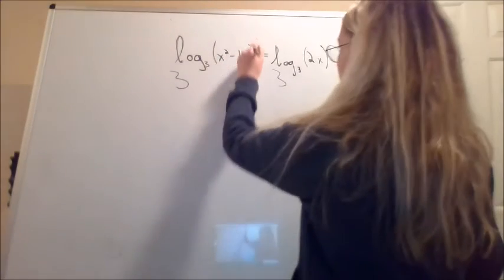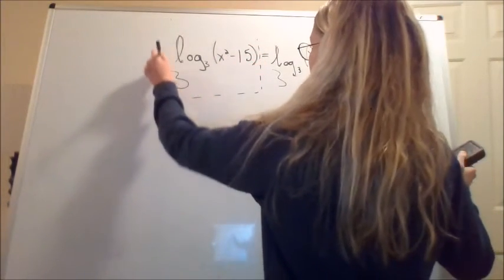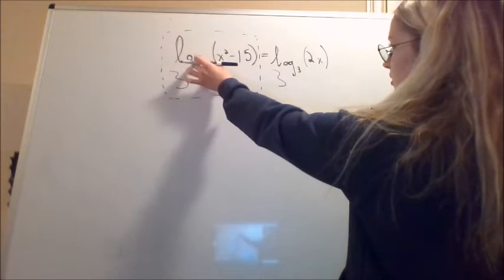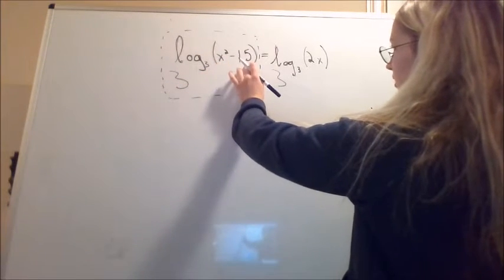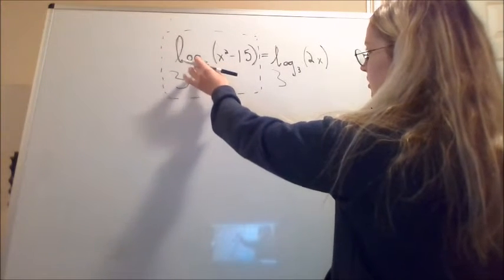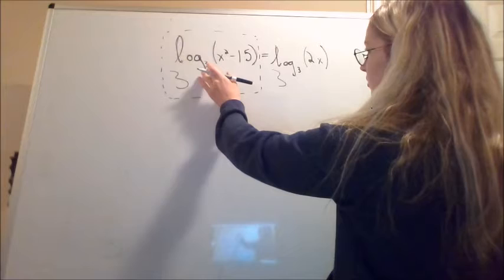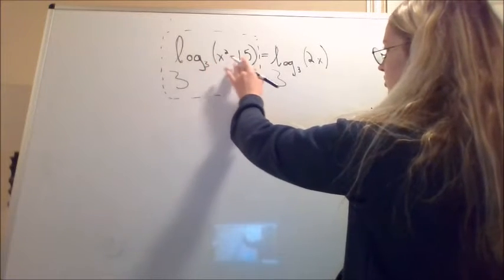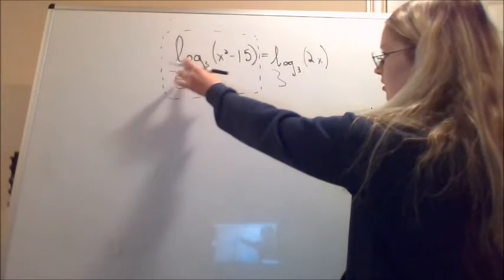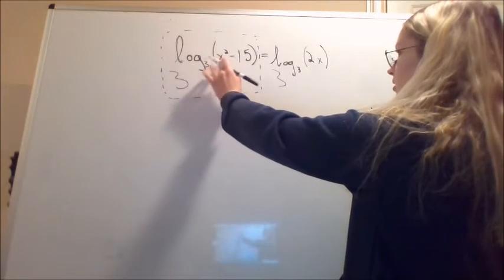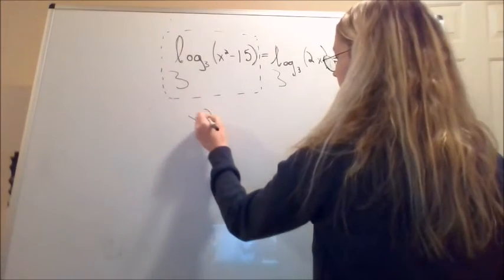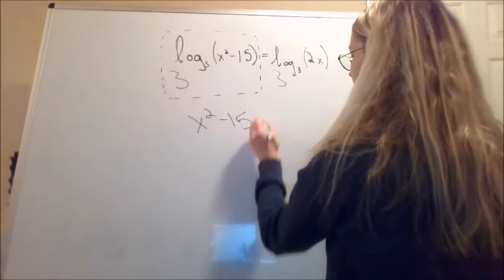Well, if we just look at this half here, we are taking 3 to the log base 3 of x squared minus 15, which means right here, this log means whatever power will take 3 up to x squared minus 15. So we know that if we're taking 3 to the power which will make 3 turn into x squared minus 15, then we're just going to get x squared minus 15.